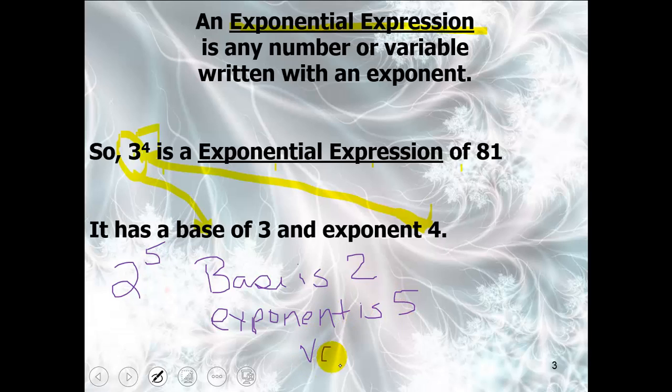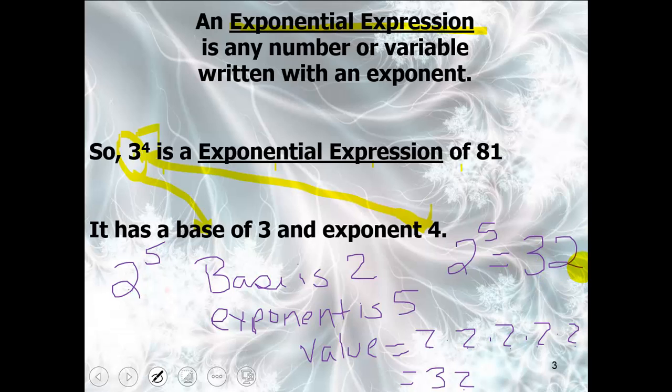Its value is equal to 2 times 2 times 2 times 2 times 2. 2 times 2 is 4, times 2 is 8, times 2 is 16, times 2 is equal to 32. That's the value of this exponential expression. These two things are equivalent. 2 to the fifth is equal to 32.